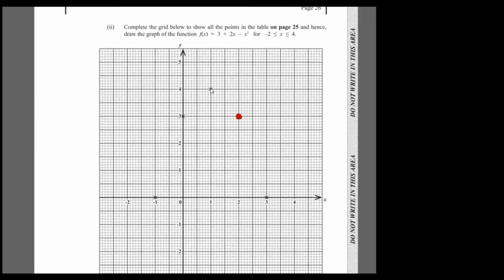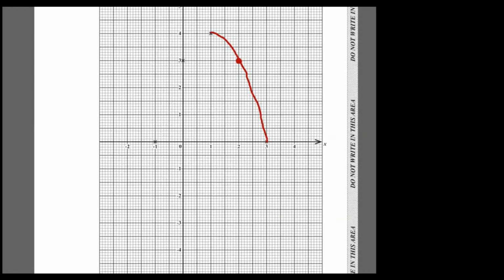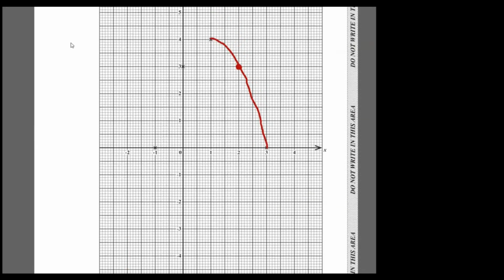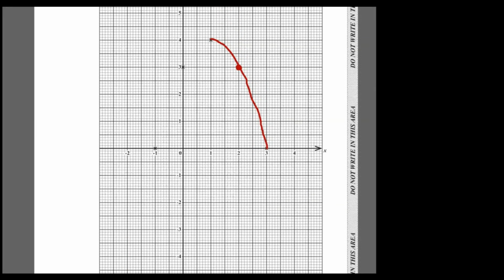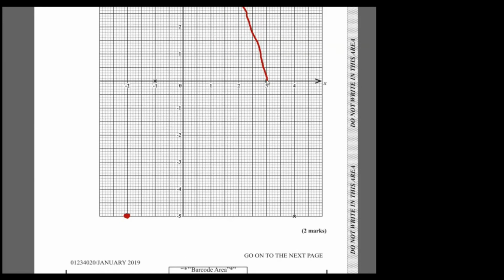So drawing the graph, it's a quadratic. It looks like this. Between 4, what's f of 4? All right, so f of 4 is going down as well. F of 4, as we can see, is -5.